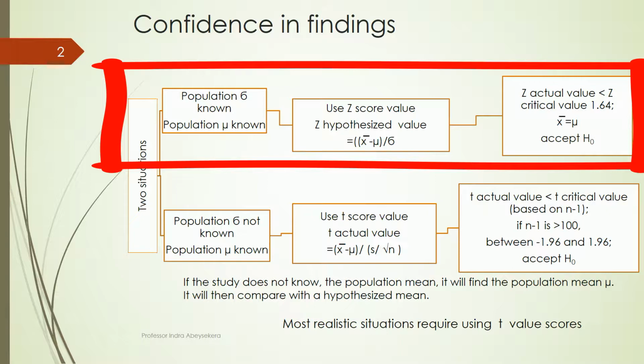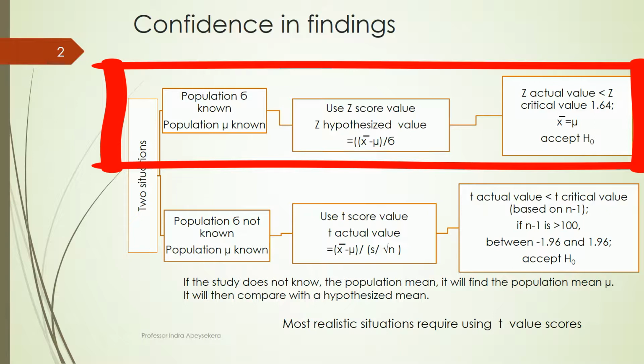We divide the difference by the population standard deviation. The resulting value is a Z value which we can look up on the Z score table.